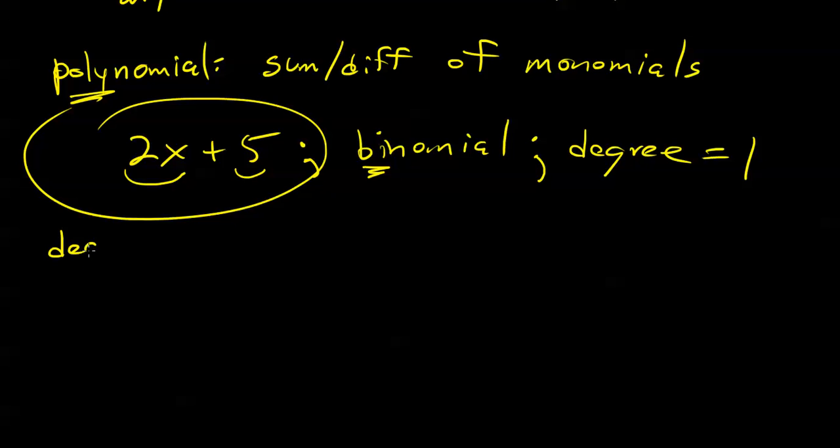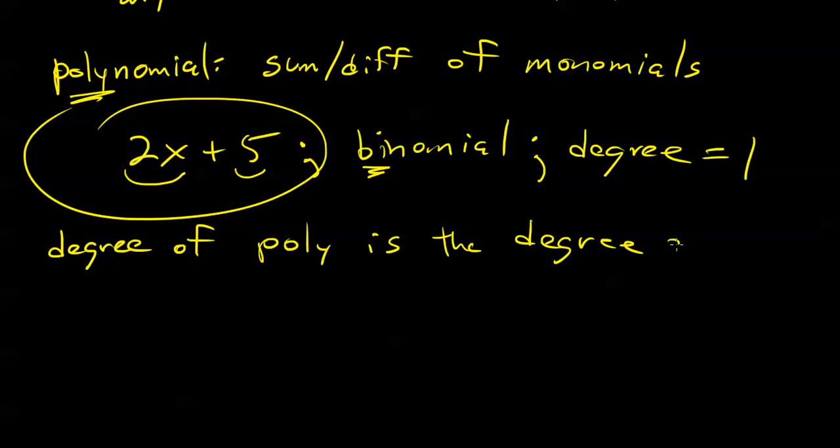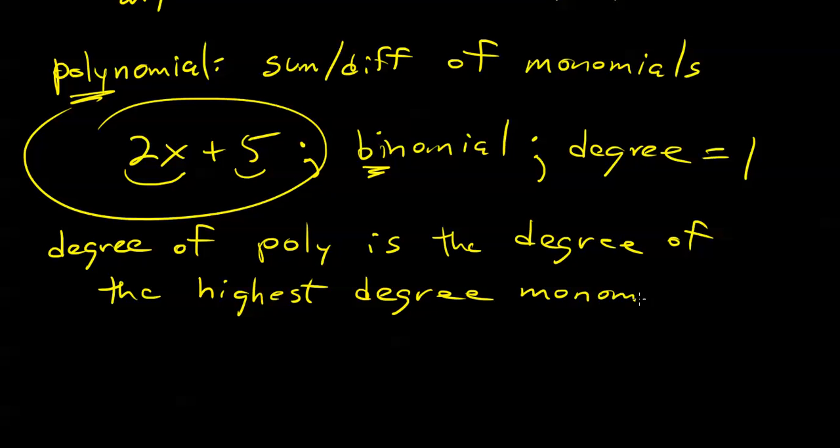The degree of a polynomial is the degree of the highest degree monomial it contains, or contained therein. Okay?